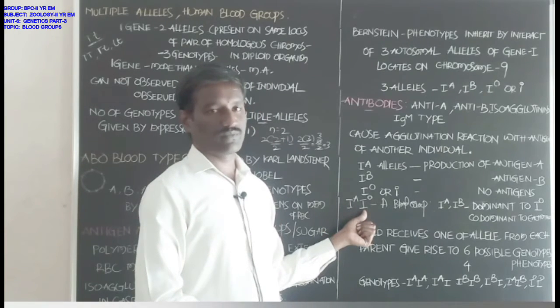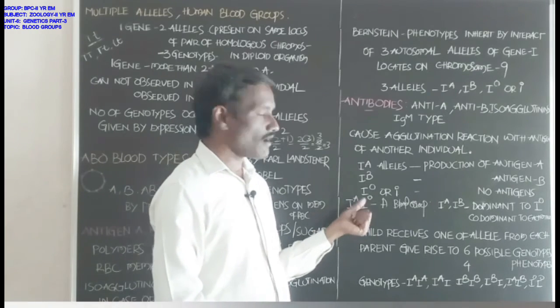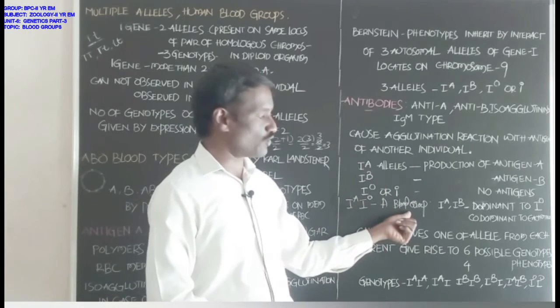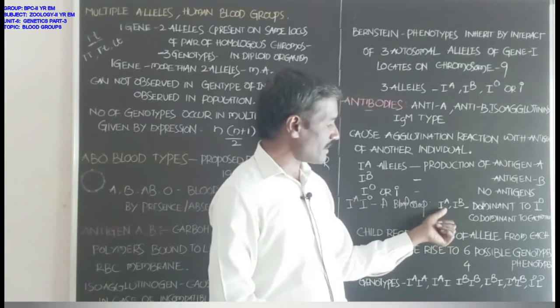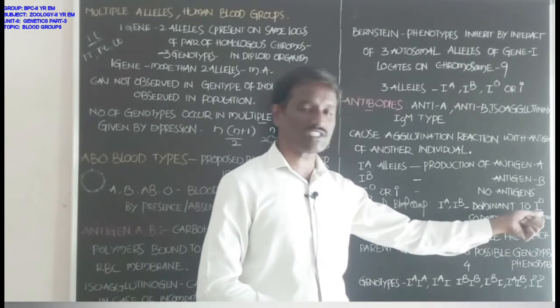Same, student: IA and IB are dominant to IO and co-dominant to each other.